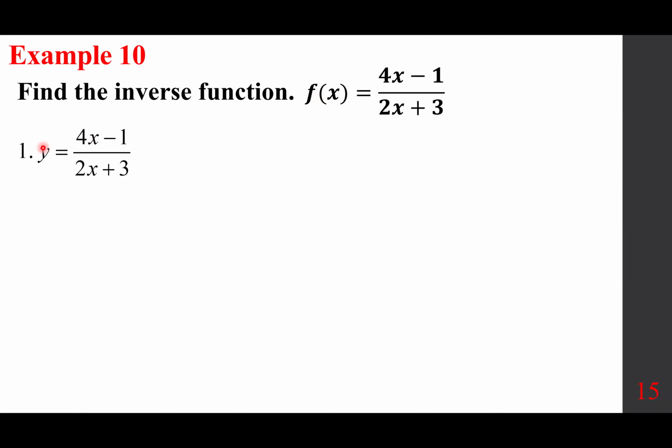Number two, interchange x and y. So make this x, make this y, make this y. And right here, the moment we interchange x and y, we have found the inverse.